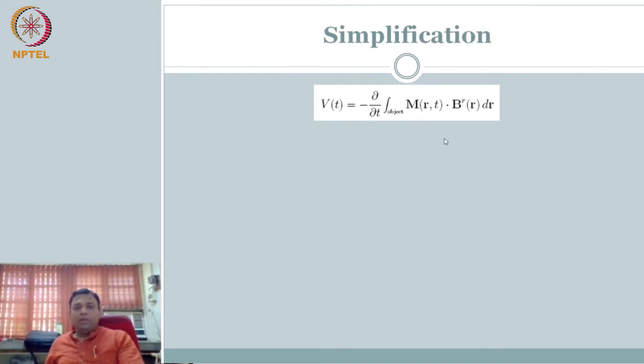The first simplification: I see this B_R(r). That means the receive sensitivity is a function of spatial location. Why should it be? Let's assume that I have a coil which is equally sensitive to all r. That is, if I apply a current, it creates a magnetic field at location r. That is how we got this B_R using reciprocity.